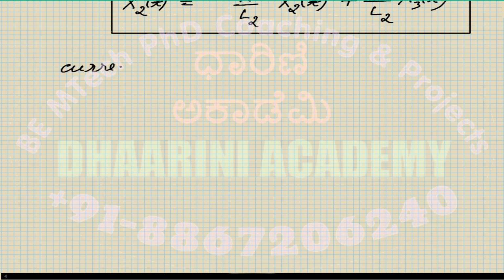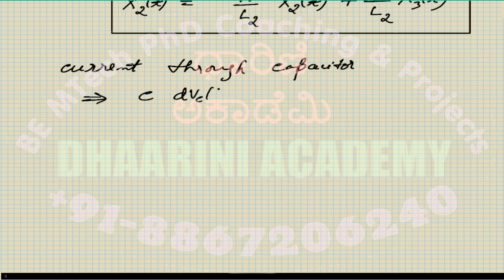So therefore, current through capacitor. What is that equation? If you remember, I of t for a capacitor is C into differentiation of v. So C dVc of t by dt in this case, right? This should be equal to the difference, I1 of t minus I2 of t. Again, the right hand side is specific to this problem, right? So what is dVc by dt? I directly get the answer.